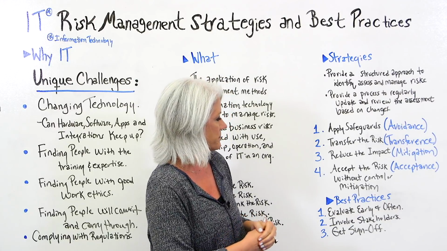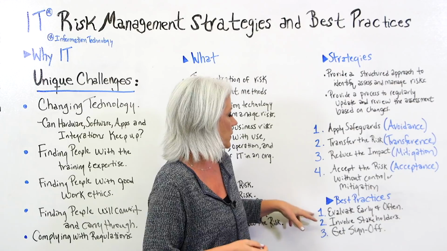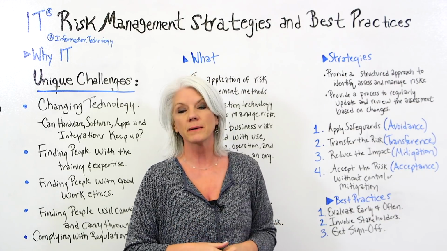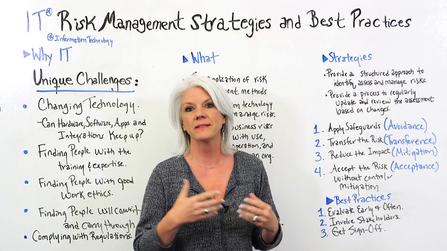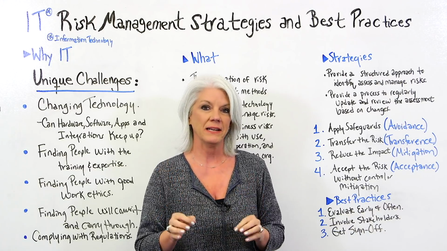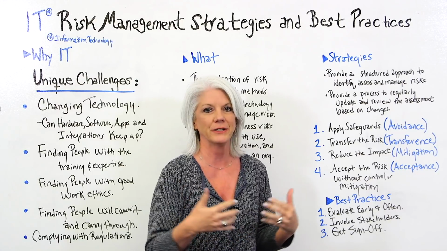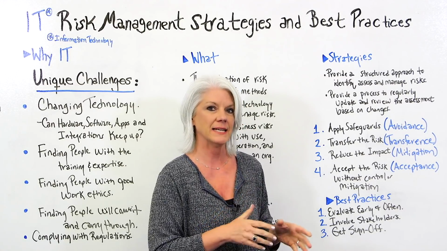So here's some best practices that I think are really important. Number one, evaluate these risks early and often. Sometimes people wait until they've encountered a risk before they even think about it. So before a project ever starts, before any implementation starts, or any conversions or migrations or integrations, think through, plan for the risk ahead of time.